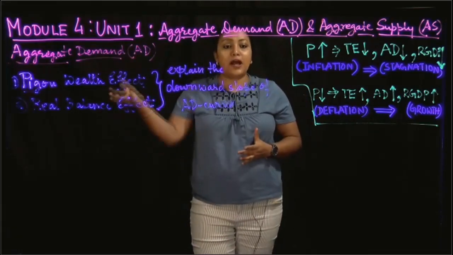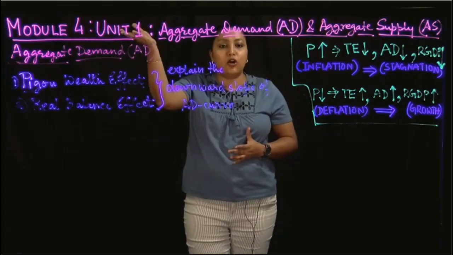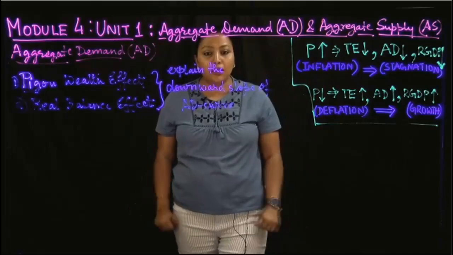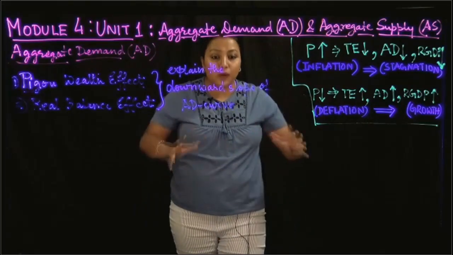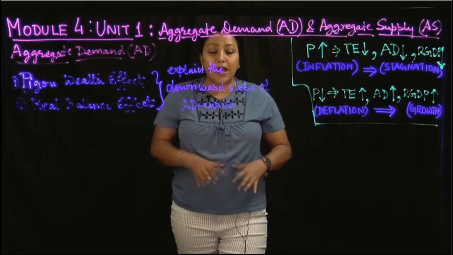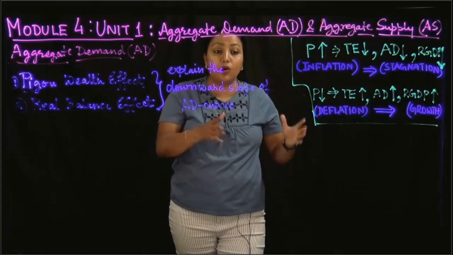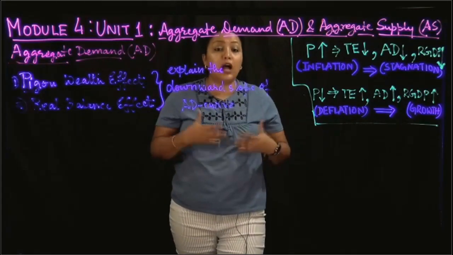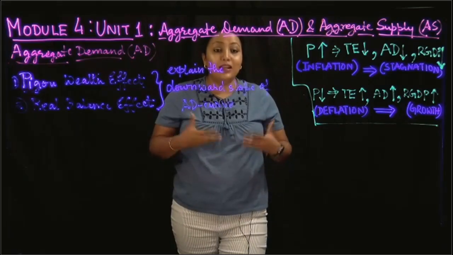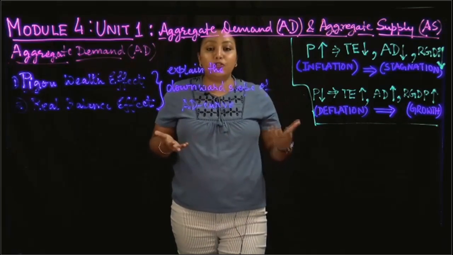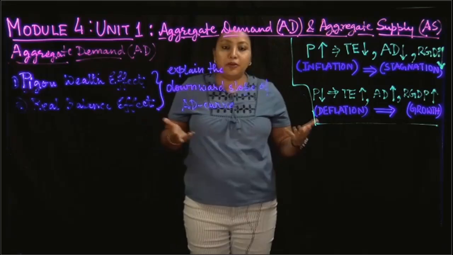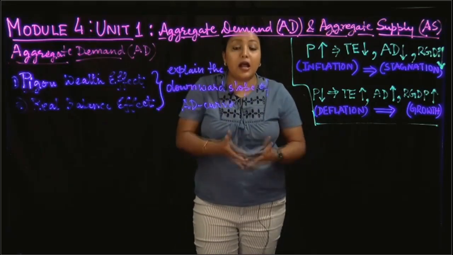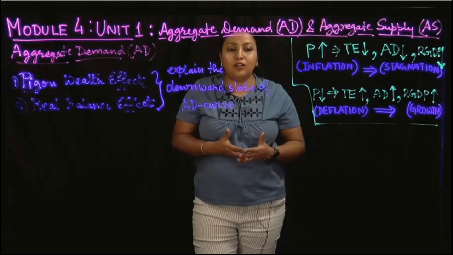If the average price in the economy goes up, that means if there is inflation in the economy, then actually the valuation of this house and the valuation of these stocks go down. The valuation goes down because now your house is worth less money. How is that true? You know, the valuation may remain the same. Your house may be still worth $100,000, but how much can you buy with that $100,000?